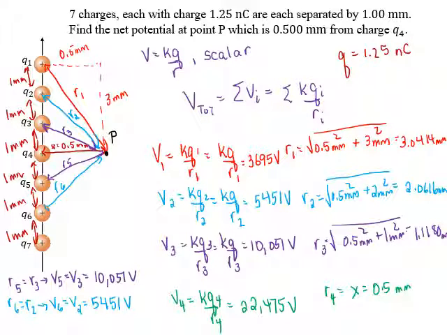Last charge is charge number 7. My distance for 7 is the same as my distance for 1, so R7 equals R1, same distance, same charge, same potential. So that potential is 3,695 volts.